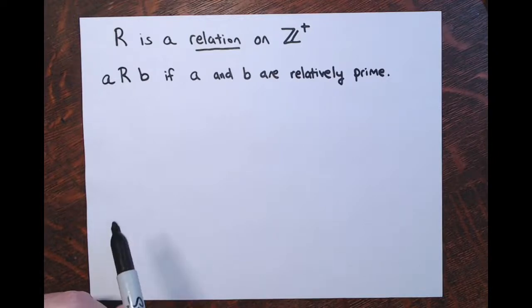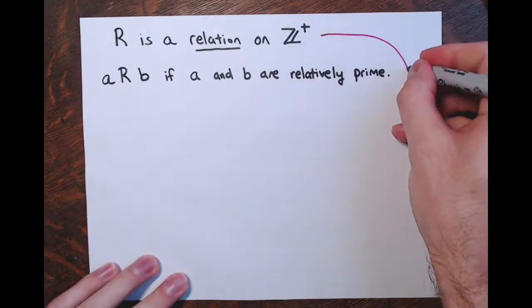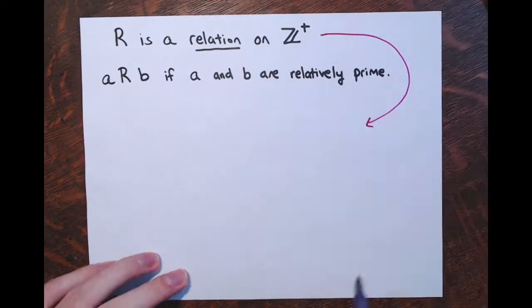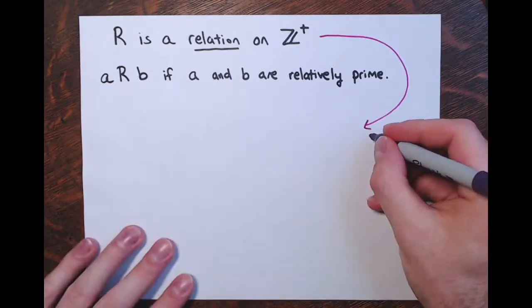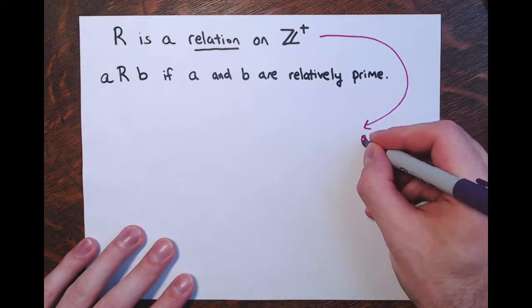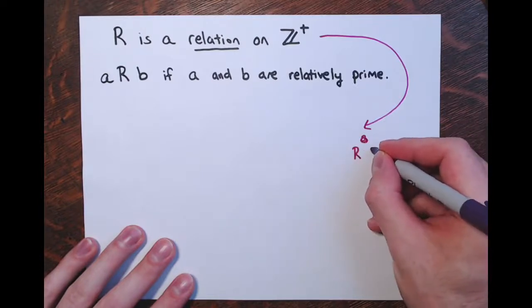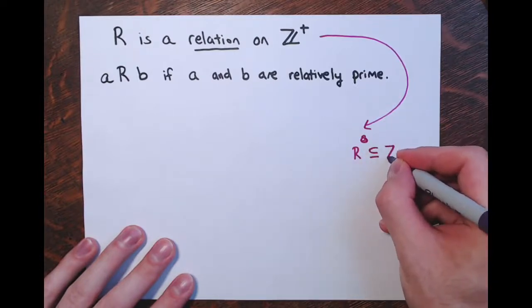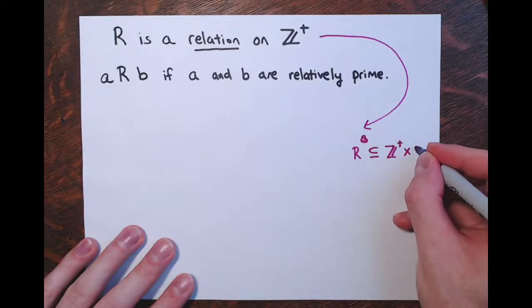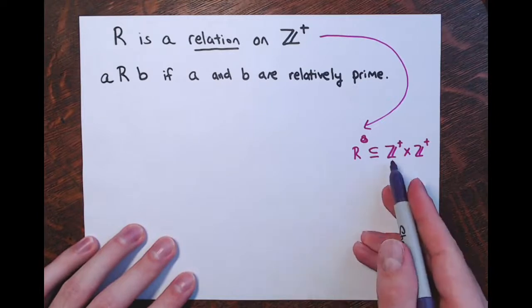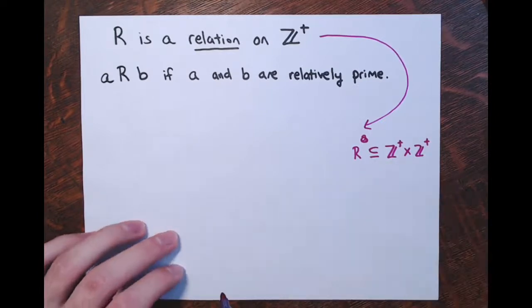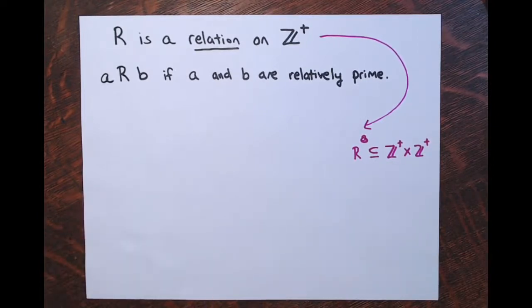Now, when you have a relation on a set, this relation R is going to be a subset of Z plus cross Z plus. It's going to be made up of ordered pairs where the first component and the second component of every ordered pair is going to be some positive integer.